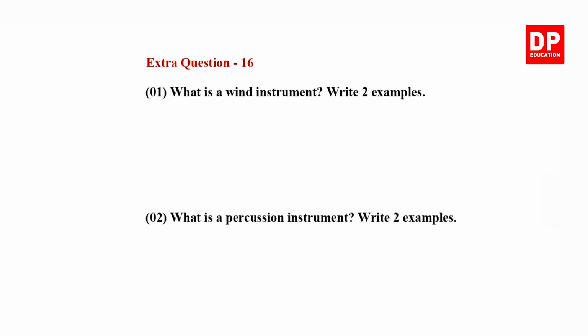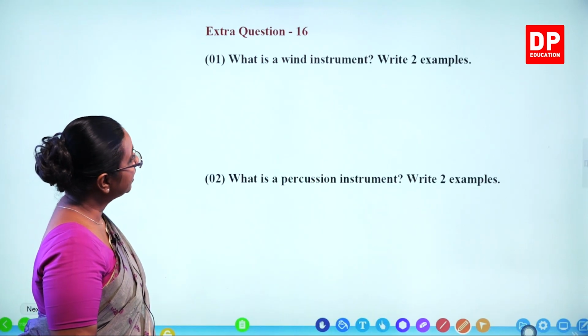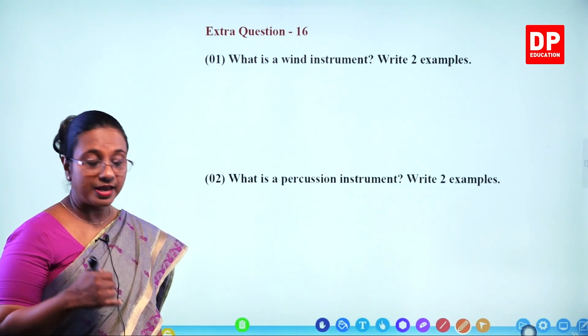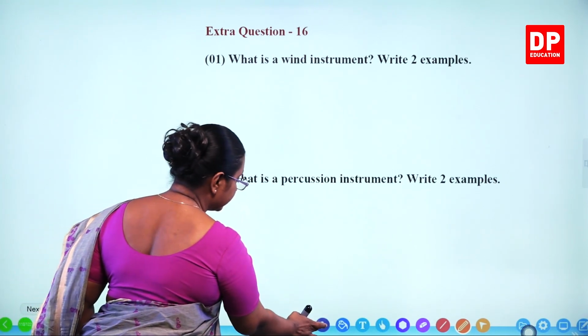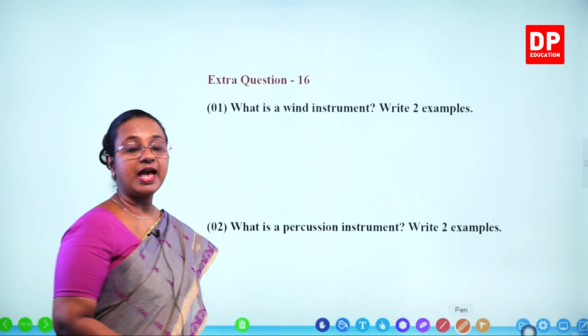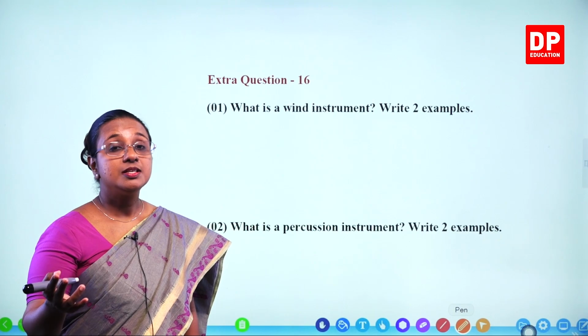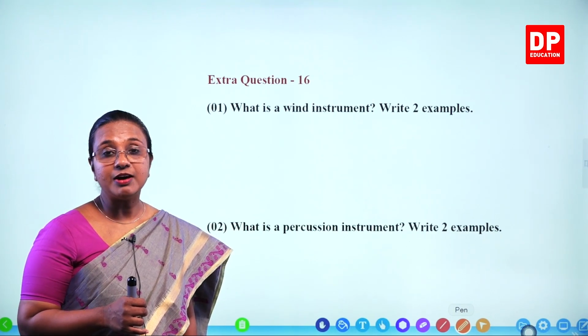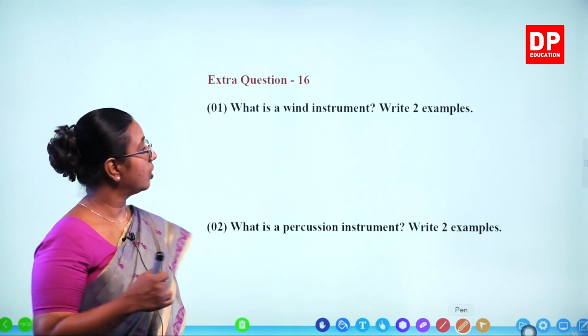Extra question 16. What is a wind instrument? Write 2 examples. Again, a similar question. What is a wind instrument? An instrument in which sound is generated by the vibration of an air column.